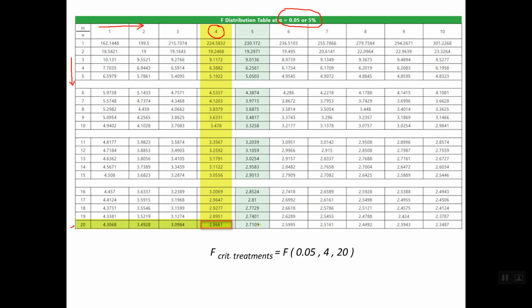So the value of the F critical for the treatments at a probability of 0.05, first degree of freedom equal to 4 and second degree of freedom 20, is simply 2.8661.